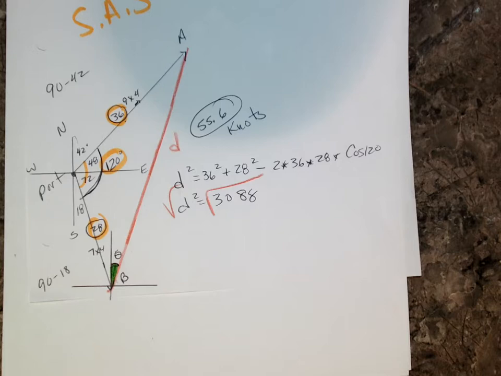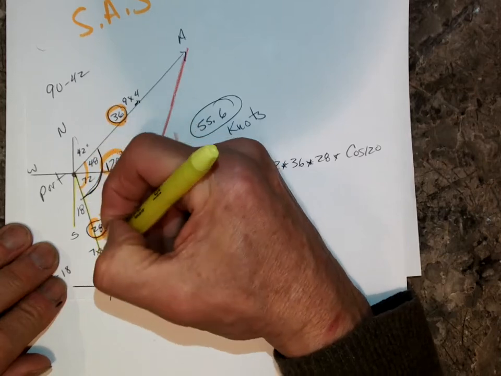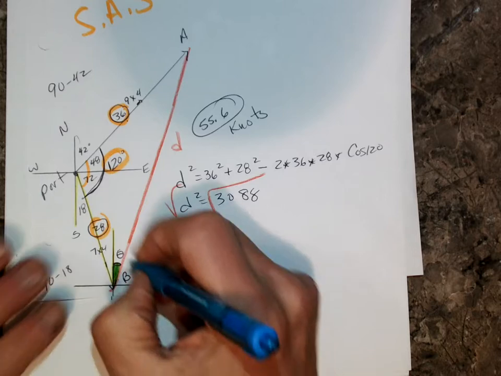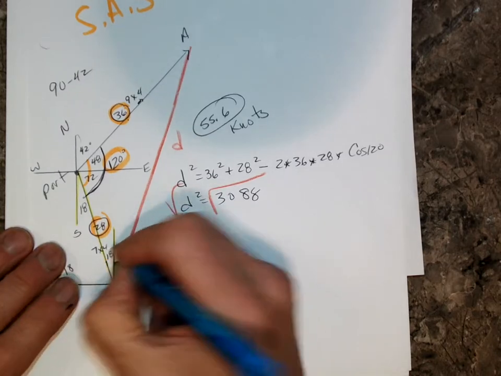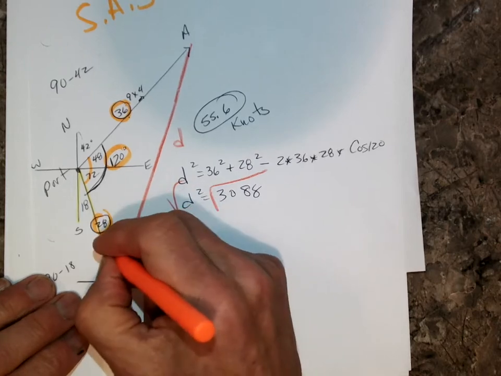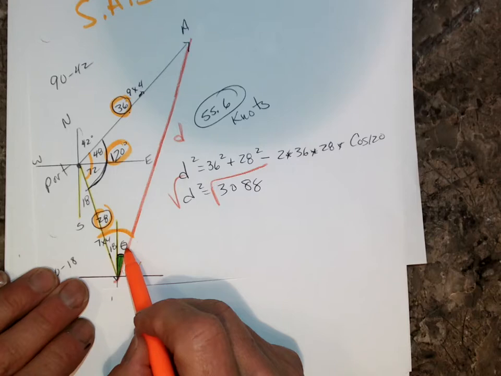What I do know is a couple of things. See if I look at this little z, I know this angle, see the z? This angle has to be 18. And if I find all of angle B, right, angle B is the whole thing. If I take away 18, I'll have my angle.